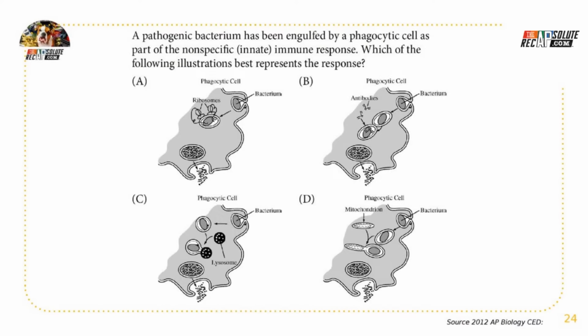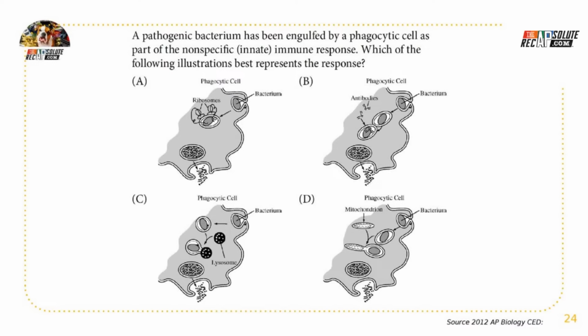It's being brought in by a vesicle. It's also leaving every choice in the same way, so nothing about its entry or exit is different. So here we're left with ribosomes in A, antibodies in B, C has lysosomes involved, D has the mitochondria.